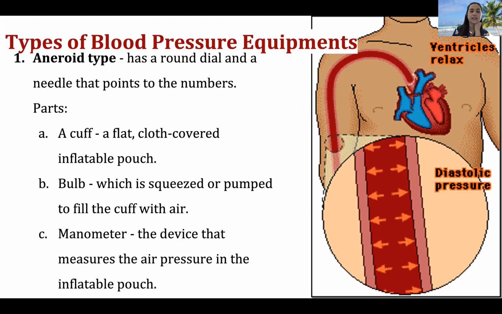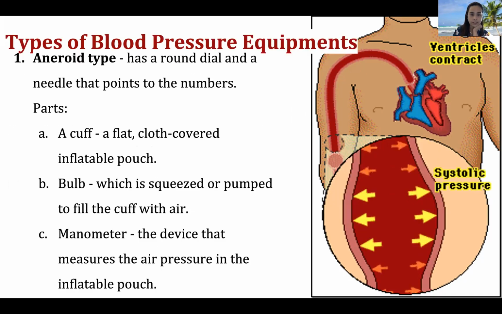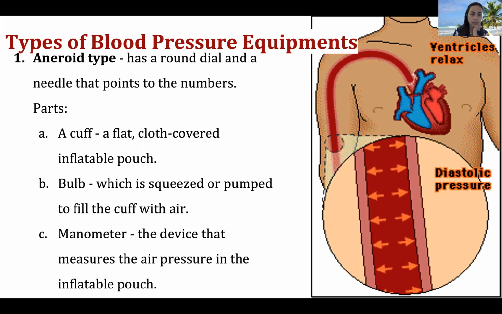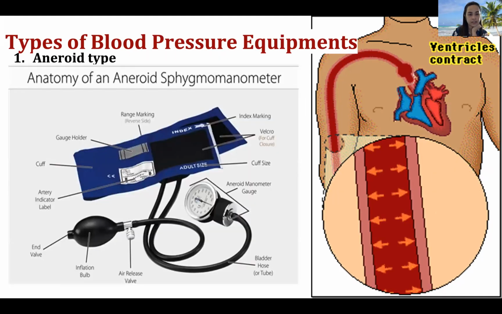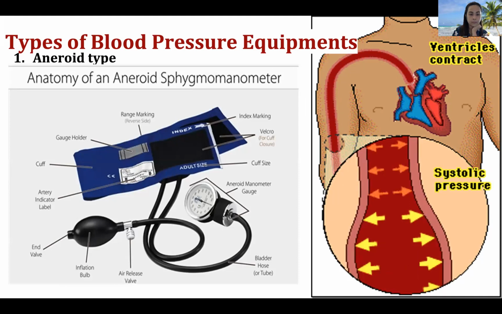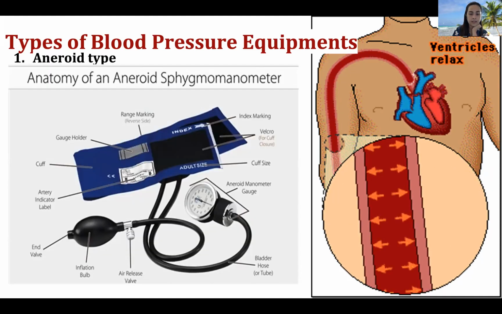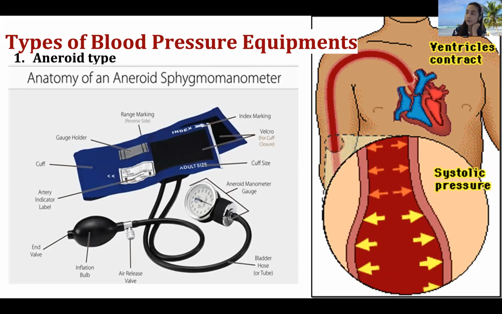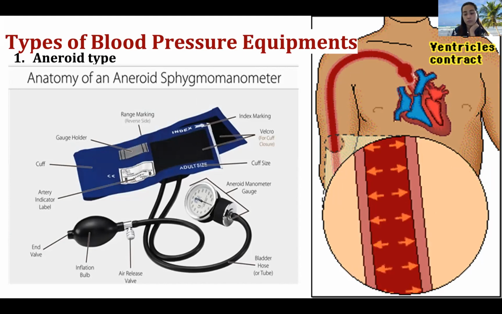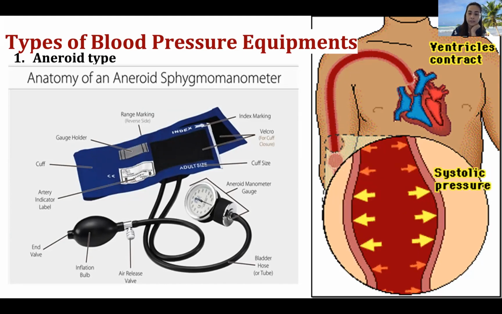We have different types of blood pressure equipment. We have the aneroid type. This is what we'll be using. This is the aneroid type. And mind you, the aneroid type blood pressure machine is the most accurate compared to the digital one, because a digital blood pressure machine is greatly affected by different gadgets in your home, like your mobile and your television.